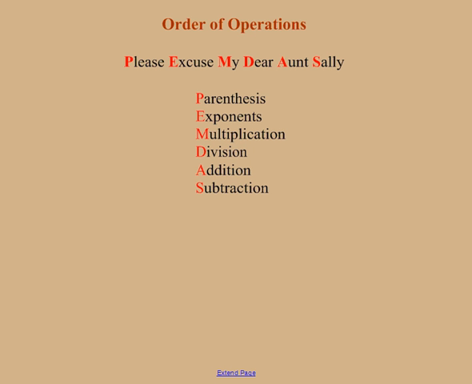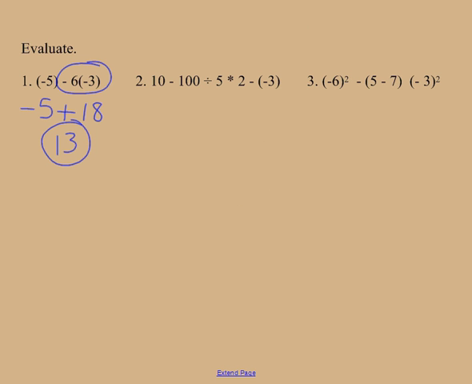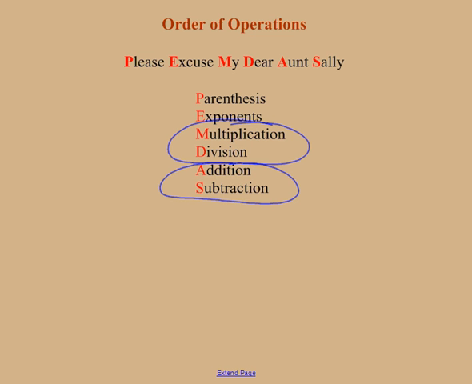You can see that in this list, multiplication comes before division, and addition comes before subtraction, but it's important to know that multiplication and division, whichever comes first from left to right, you do first. The same for addition and subtraction. Whichever operation comes first, you do it first. So what I'm talking about here is the division is coming before the multiplication, so we need to do the division first.